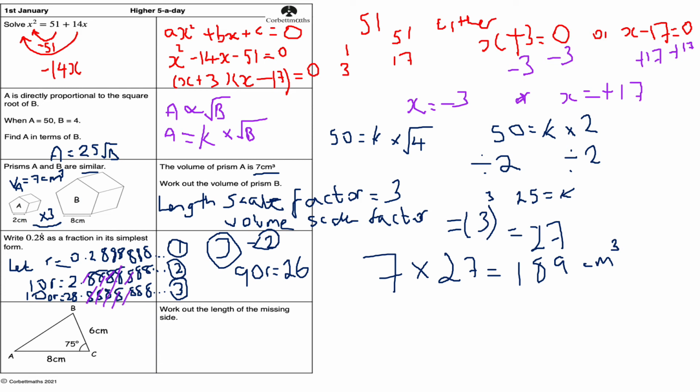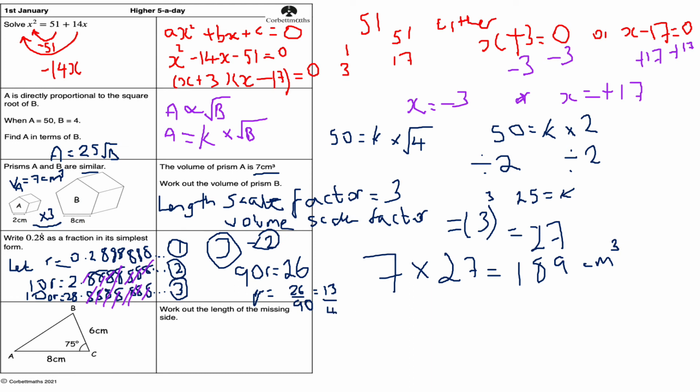So on the right hand side, I'm just left with 26. So 90R is equal to 26. Dividing both sides by 90, I get R is equal to 26 over 90, which I can divide top and bottom by 2, and I get 13 over 45.